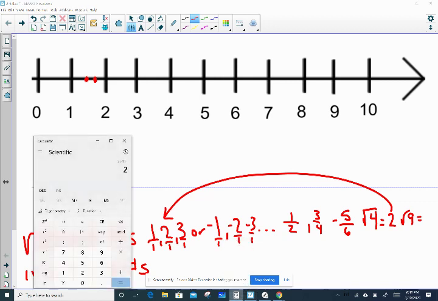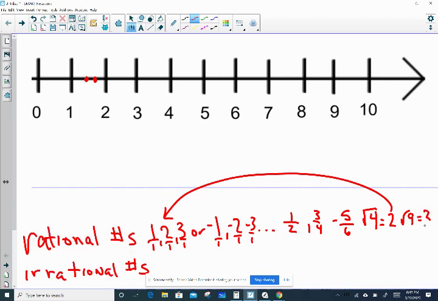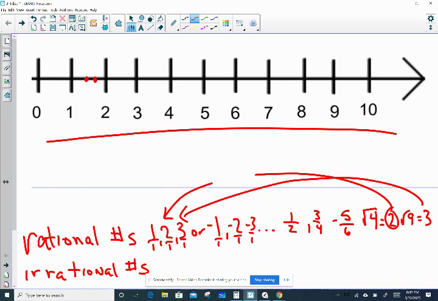Plug it into my calculator. I'm going to say 9 square root. That's 3. That's the same as this number right here. So it's also a rational number. Any number that I can take the square root of and get a whole number is a rational number.